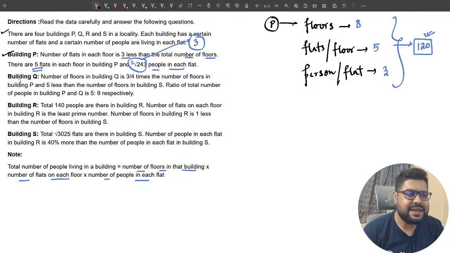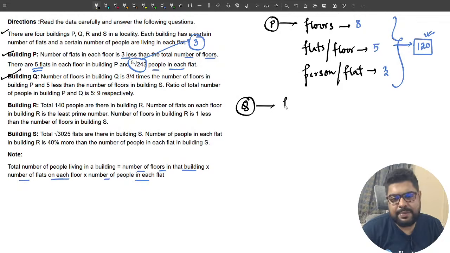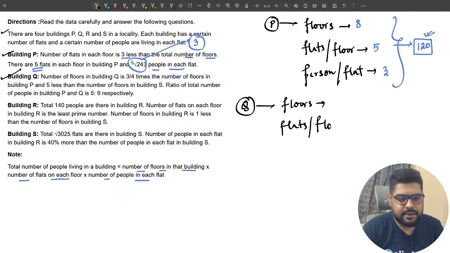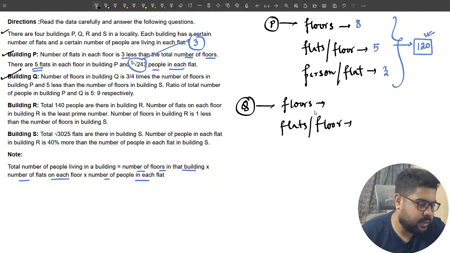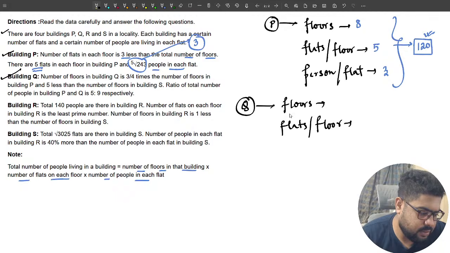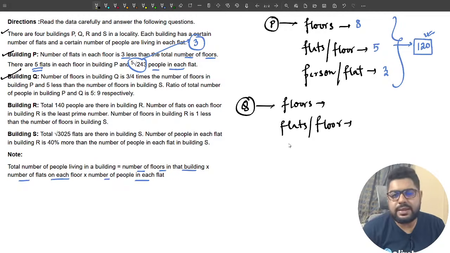Okay, sir? Come to Q, sir. Same thing: floors, flats per floor, person per flat, and total.